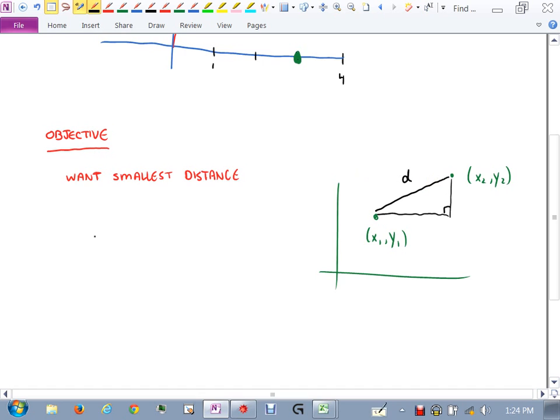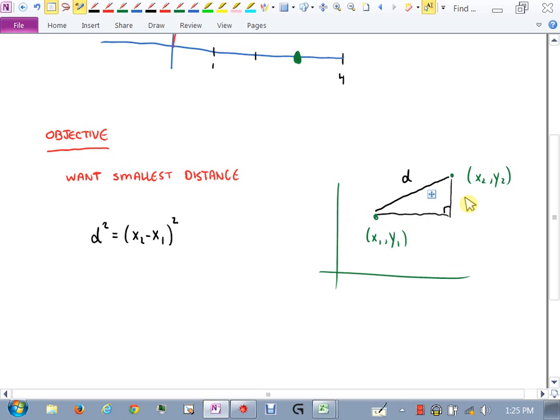So I have something like this. D squared should be equal to this side squared, which is the difference of the x coordinates. Moving from here to here is how much your x changes. So I can say x2 minus x1, and then squared. So that side right there is x2 minus x1.